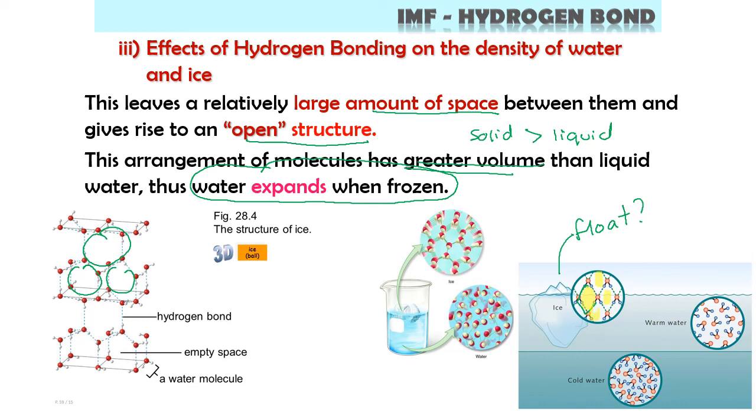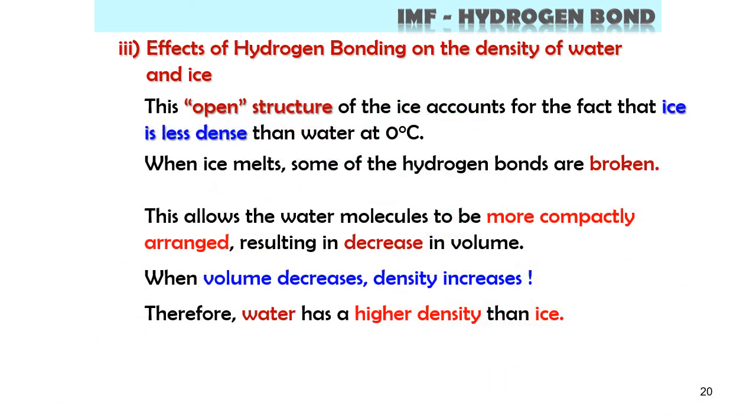So itu ruang-ruang itu yang membuatkan your ice can float on water. Okay, so this open structure of the ice account for the fact that ice is less dense than water. So you know that ice is less dense, sebab tu ice boleh terapung atas air.